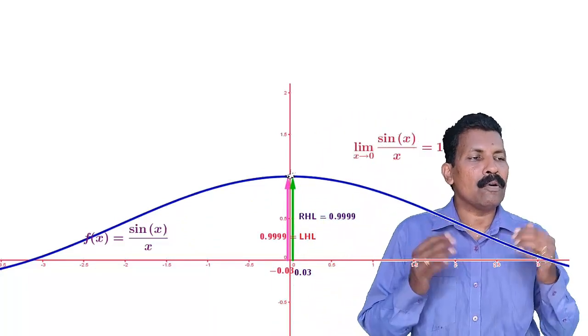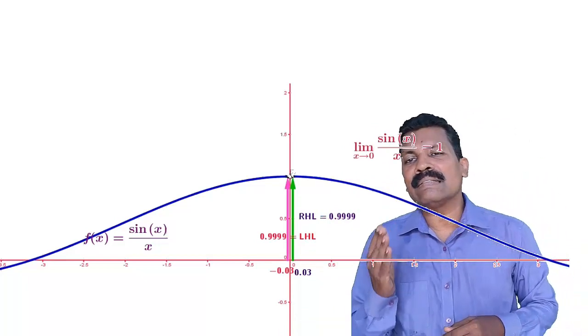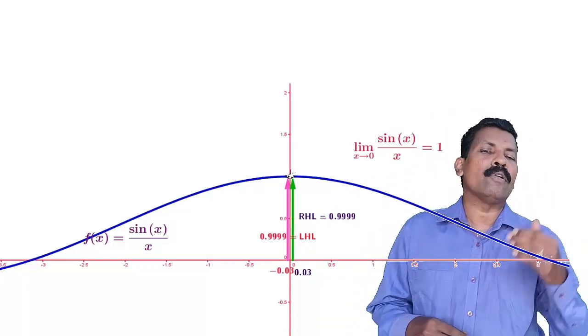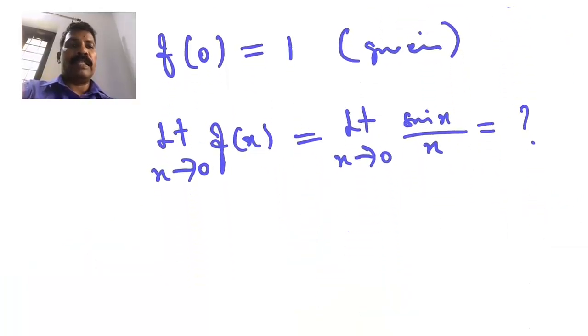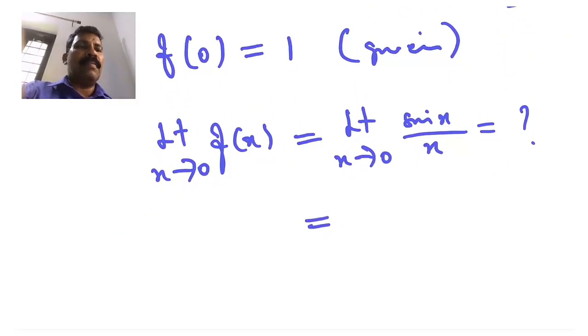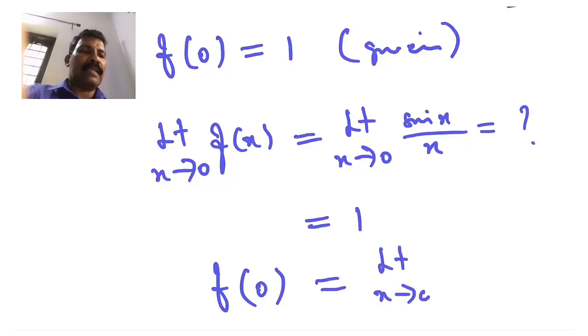So we can speak of the limit of sin x by x as x tends to 0 equals 1. Thus from the visualization also we could realize that the limit of sin x by x as x tends to 0 is 1. Thus we have the value of the function equals the limit as x tends to 0 of f(x) here.